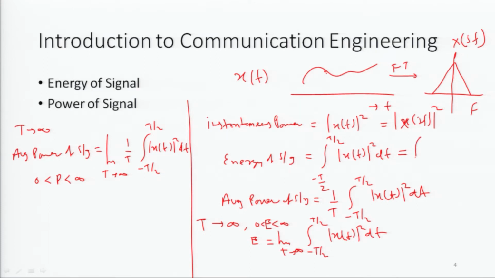And the energy of the signal can be calculated using Parseval's relationship. It is given by the integration of mod of X(jf) whole squared df in the given frequency range, that is minus W by 2 to plus W by 2.